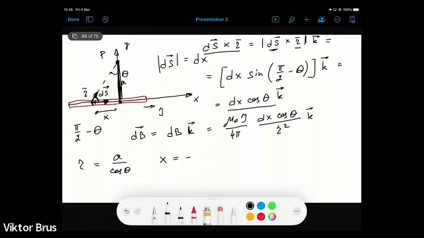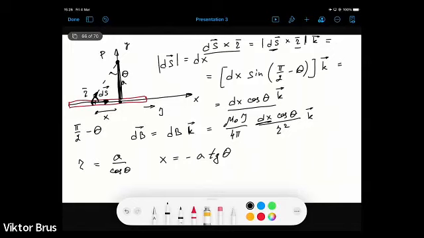So at this position it's a negative coordinate, minus a times tangent theta. When we know x, we need to find dx, the differential.